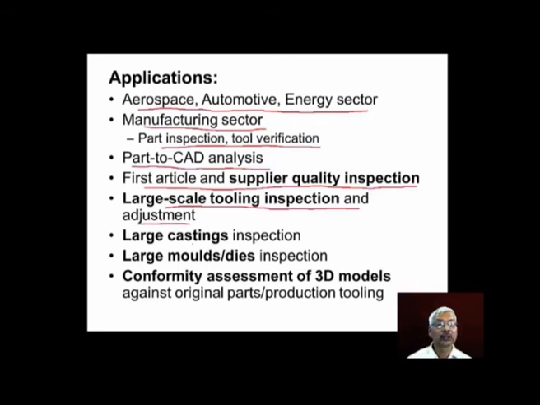Very large castings can be easily inspected by portable CMMs. Large molds and dies can also be inspected, and then conformity assessment of 3D models against original parts and production tooling is possible.